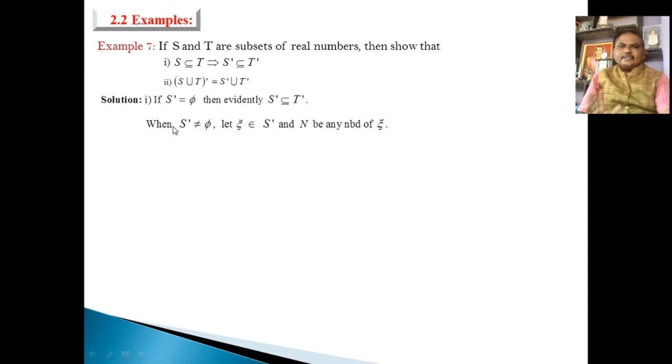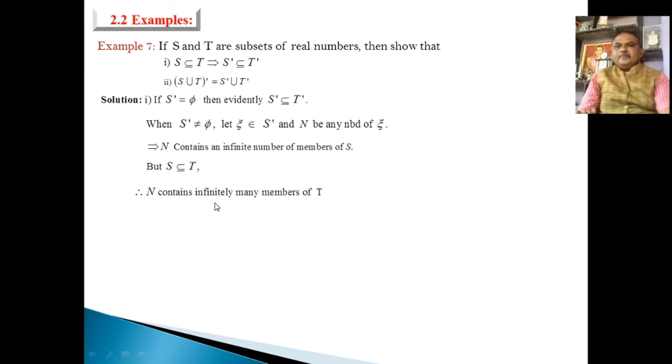Suppose that S' is not equal to phi, and let zeta belong to S' and N be any neighborhood of zeta. S' is the set of limit points, the derived set. Let zeta belong to S' and N be any neighborhood of zeta. Then by the definition, N contains an infinite number of members of the set S, but S is a subset of or equal to T, so N contains infinitely many members of T also.